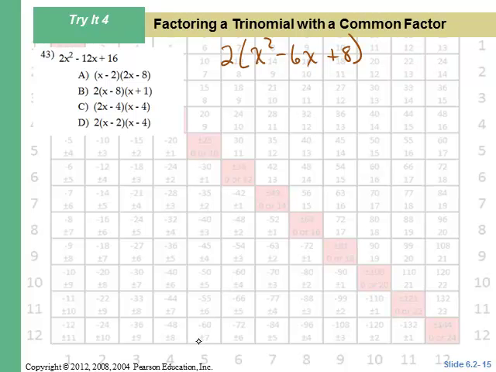It's behind one of our corners here, or it's behind our problem. It's right back here. 8 and 6 is in this box right here. And so it's at the corner of 2 and 4. So it's 2 parentheses x minus 4, x minus 2. Okay.